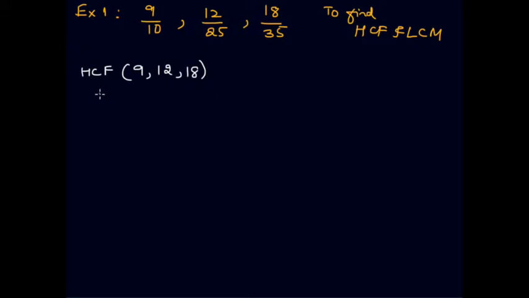So let's do factorization. 9, 12, 18. Let's just list out the factors now. We can use upside down division for factorizing these. If you guys don't know what it is, you can go check my part 2 video in which I've done a detailed explanation on that.